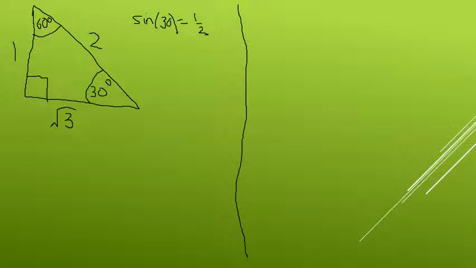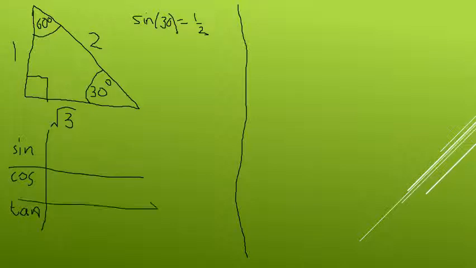From this, I can now work out 6 exact values. They are for sine, for cos, and for tan. I can work out what their exact values are for two different angles, 30 degrees and 60 degrees.